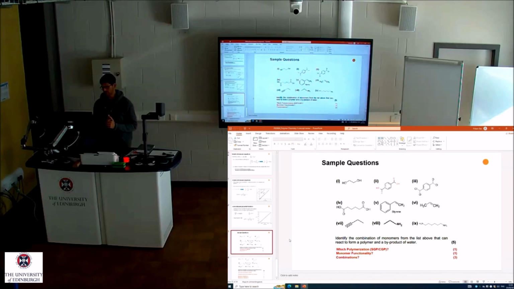Then you have to find out the monomer functionality, for example, what is the functionality of the monomer and why they go through certain reactions. And you have to tell me the main combination of this polymer which is going to give you a byproduct as water. You understand the question, right?